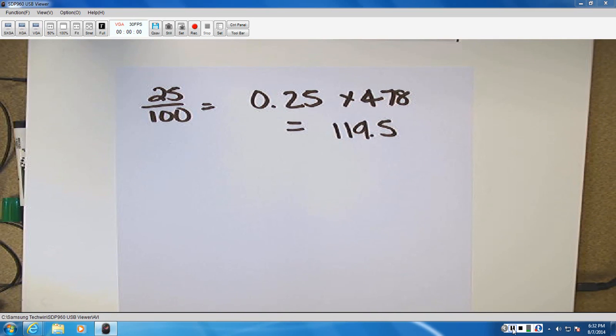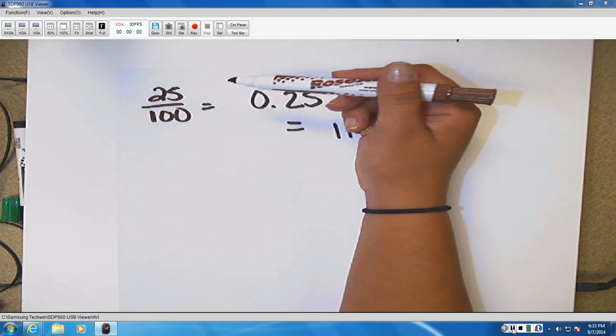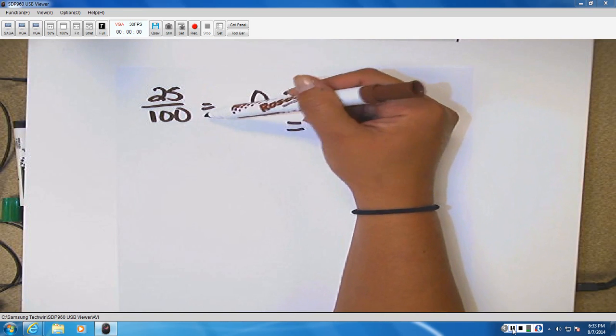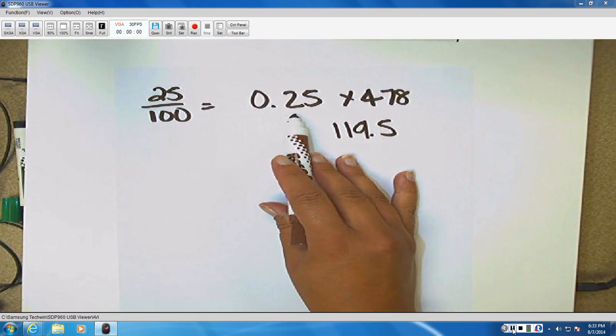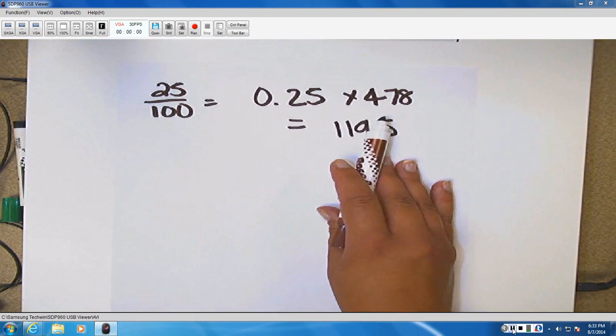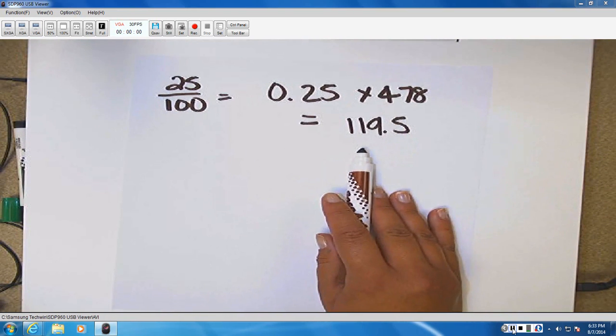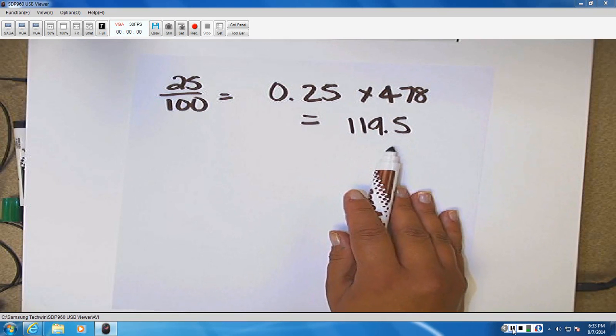So 119.5 is 25% of 478. Okay? And I did that by simply taking my percentage, removing the percentage sign, and dividing it by 100. That gave me 0.25, or 25/100ths. And I multiplied that by my original number of 478, and I ended up with 119.5. So 119.5 is 25% of 478.